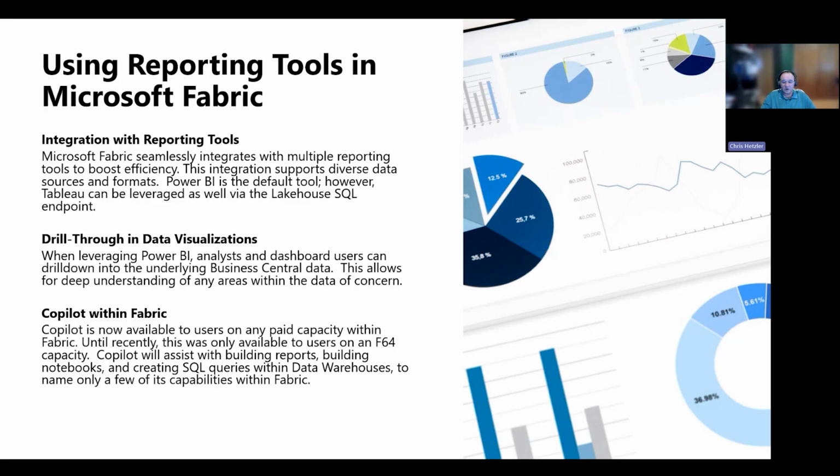But now even all the way down to F2, which is $500 a month, you can leverage Copilot features, ask questions of your data, get assistance with Python notebooks, get assistance with building your warehouses or querying your warehouse, tweaking SQL queries that you may be issuing against those SQL endpoints in your warehouses with the full power of Copilot.